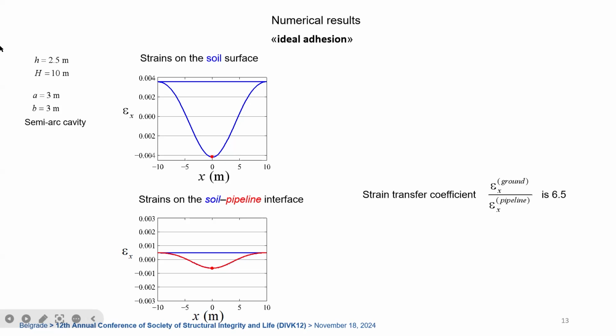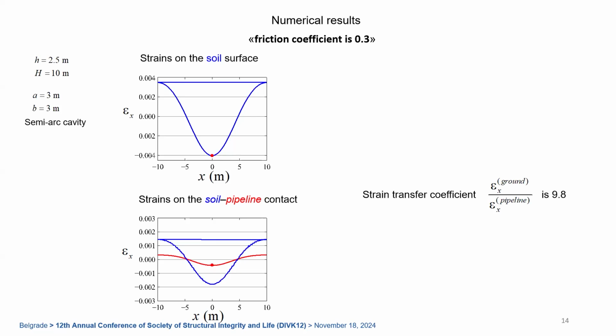For these parameters and ideal adhesion conditions between pipeline and soil, strain transfer coefficient is 6.5. When we use dry friction conditions between soil and pipeline, strain transfer coefficient is 9.8.